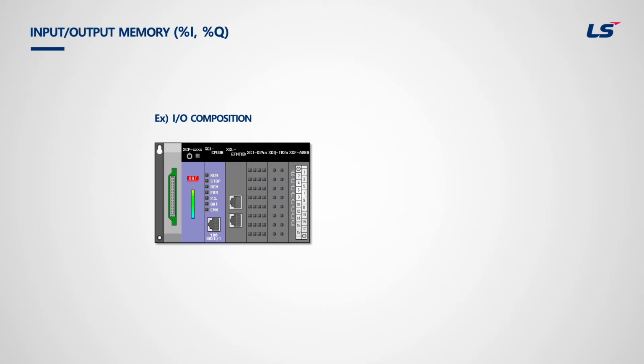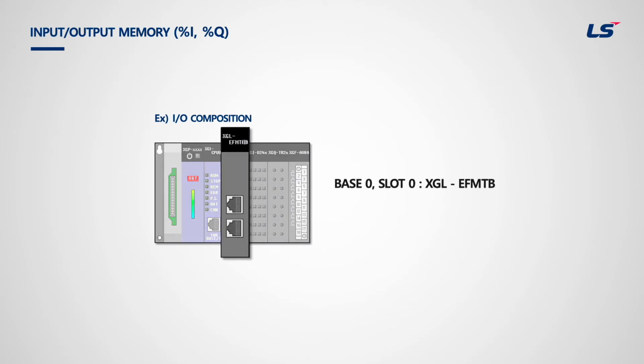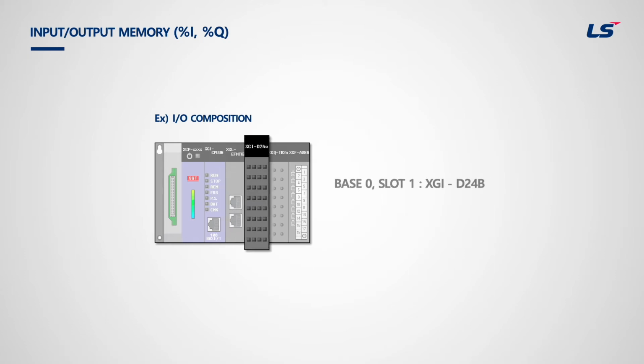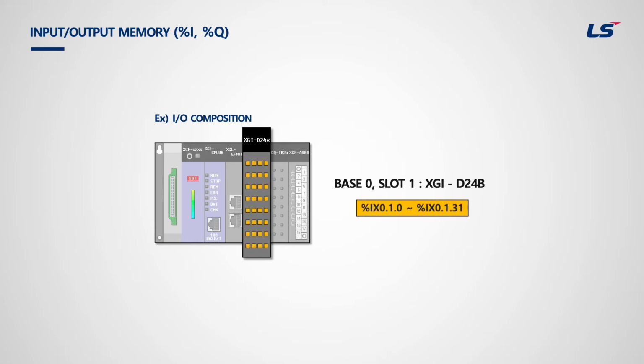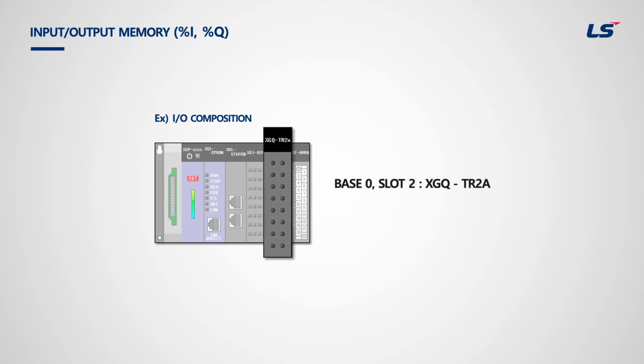This is an example of I/O composition. The first slot is equipped with EFM-TB Ethernet module. The second slot is equipped with 32 contacts of digital input module, and the address for the contacts are from IX0.1.0 to IX0.1.31. Next module on slot number 2 is 16 contacts output module.